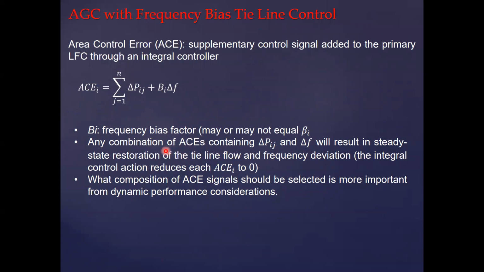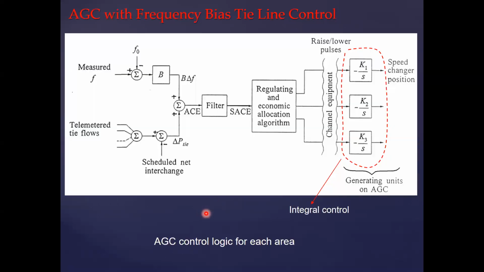So there could be a combination of area control error signals, which will have several terms with the tie line power flow and the frequency. And since we have the integral controller in the loop, we can reduce the area control error signal to 0 value here.